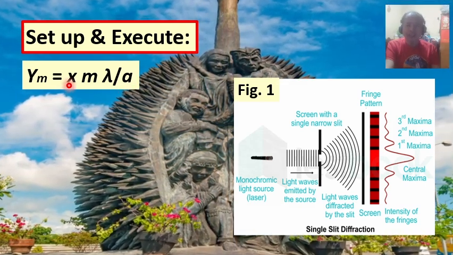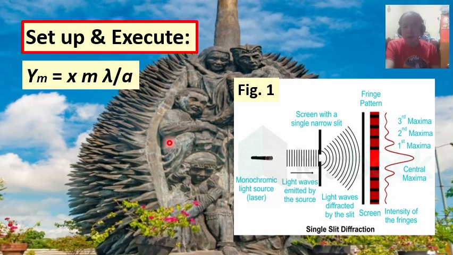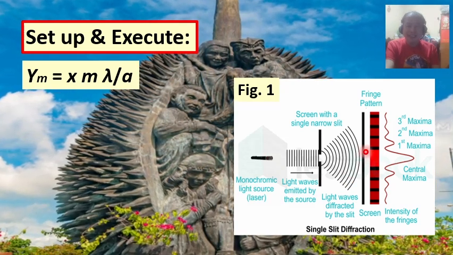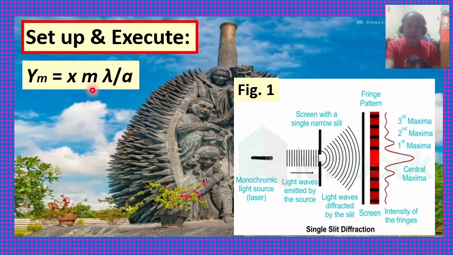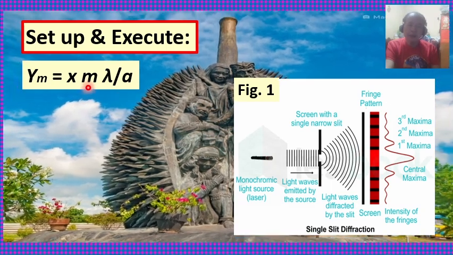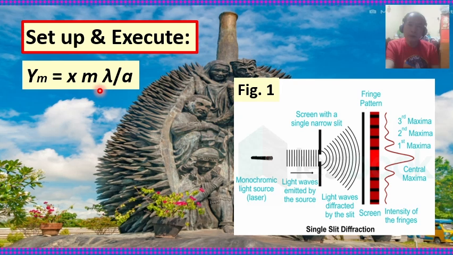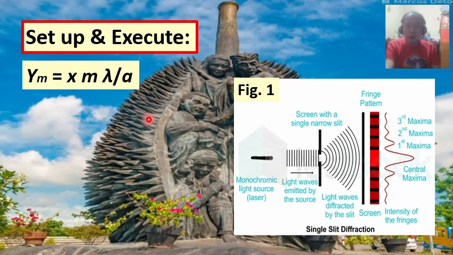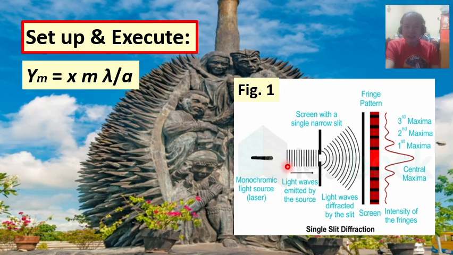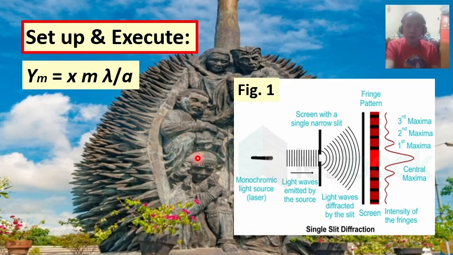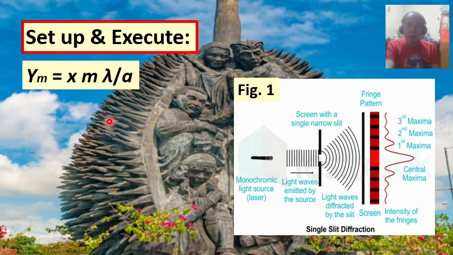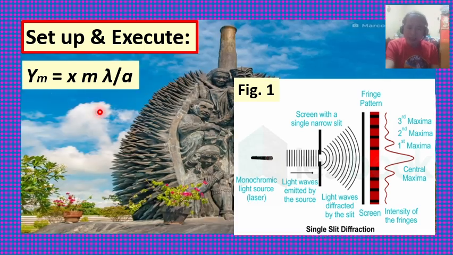So x, as earlier defined, is the distance between the slit and the screen. Small letter m represents the order of the dark fringes. In our problem, we're talking about the first order minimum or dark fringe.